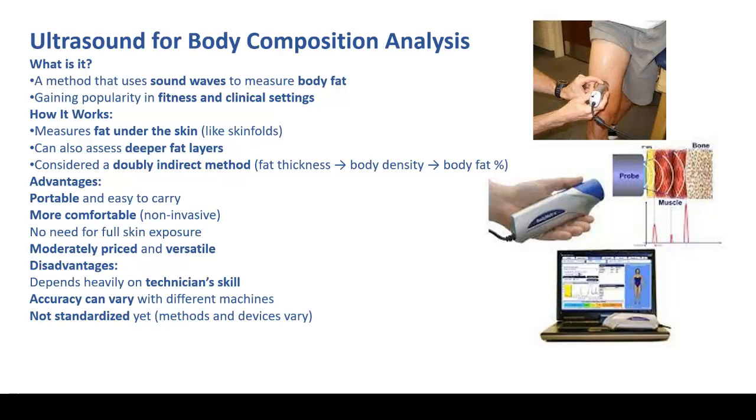It can see both fat under the skin and deeper fat layers, and basically measures fat thickness, and with that you estimate your body fat percentage. Similar to skinfold testing, but more advanced with high tech.